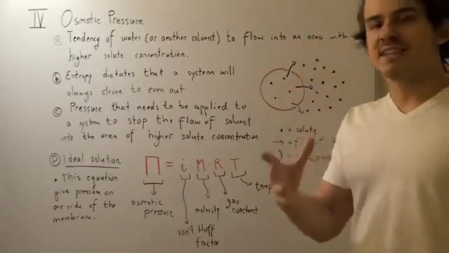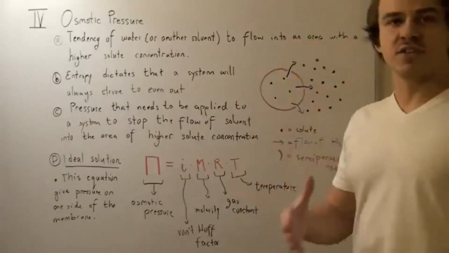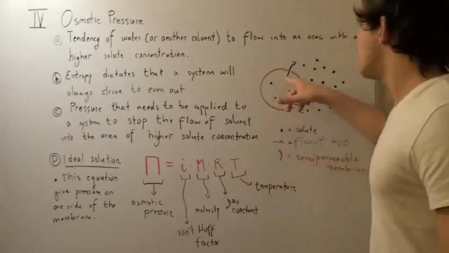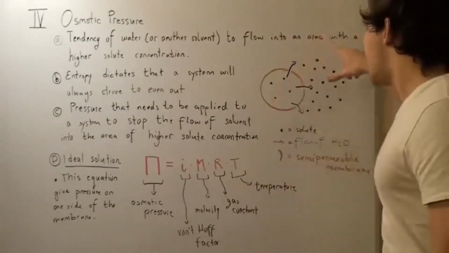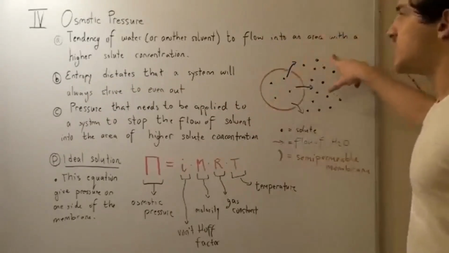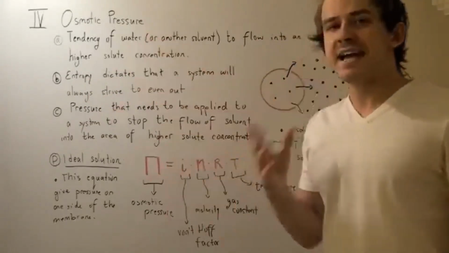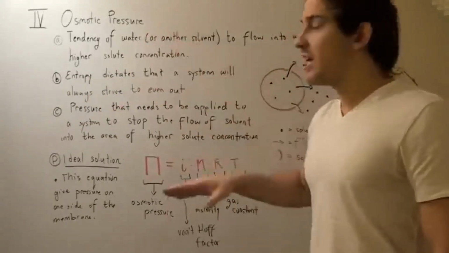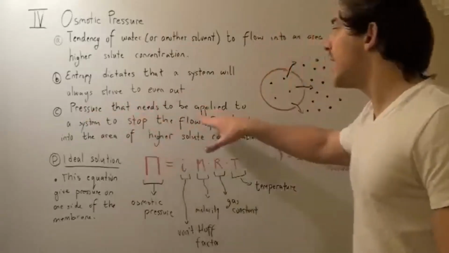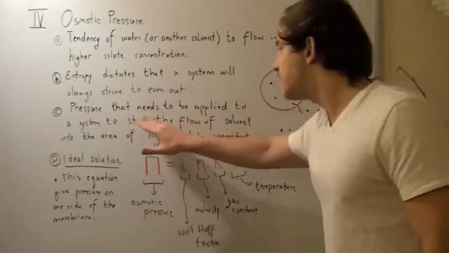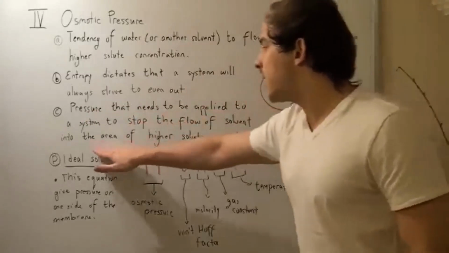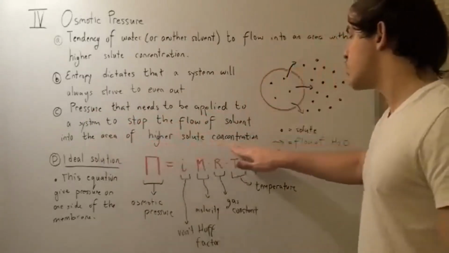And that means instead, water will try to even out the system. And water will flow from a lower concentration to a higher solute concentration. So we can define osmotic pressure in a second way. Osmotic pressure is the pressure that needs to be applied to a membrane to stop the flow of solvent into an area of a higher solute concentration.